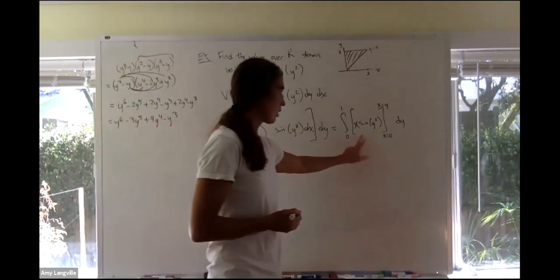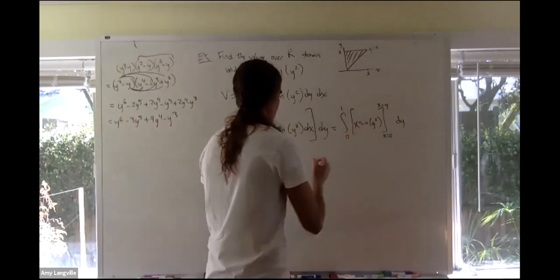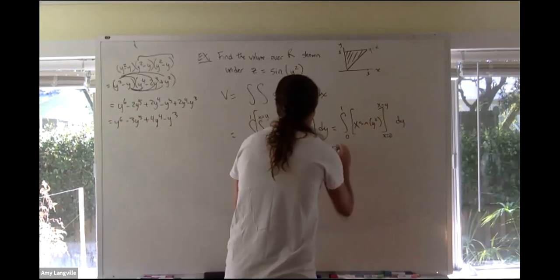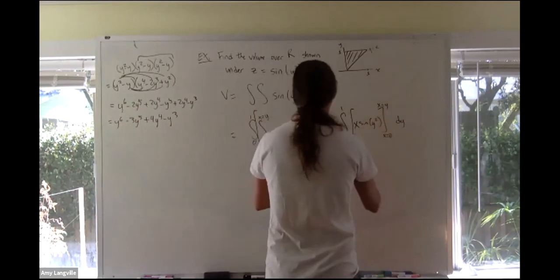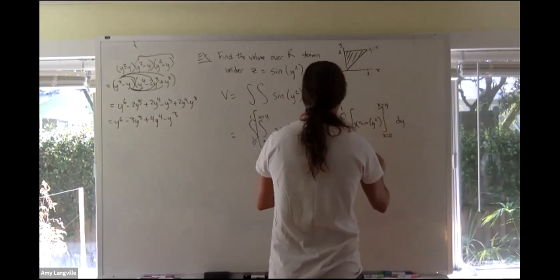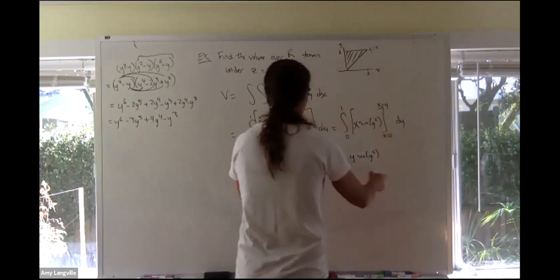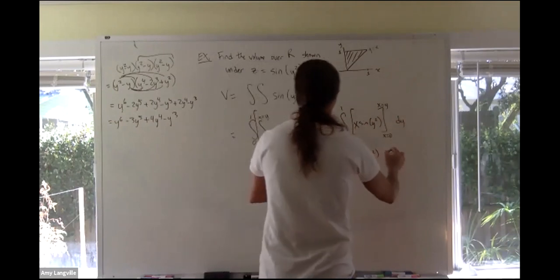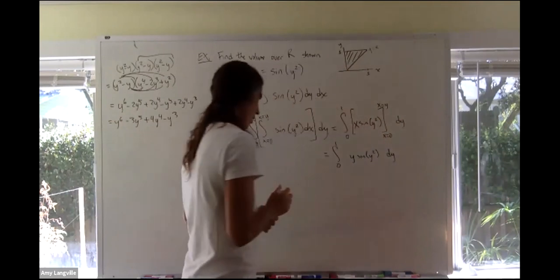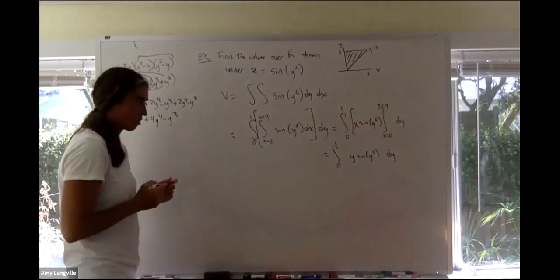Okay, so I plug in my limits of integration. At the upper limit I'm going to get y sine y squared, minus what happens at the lower limit, which is a 0, dy. So this is what I'm left with as a single integral.